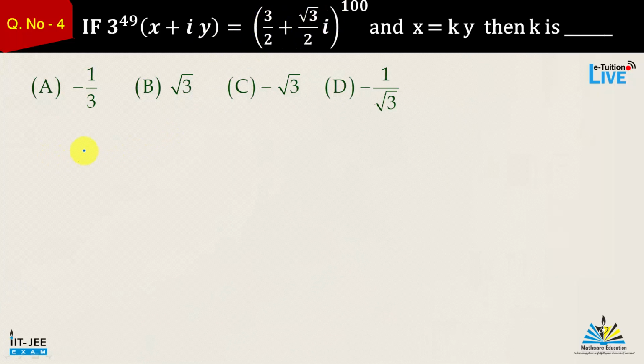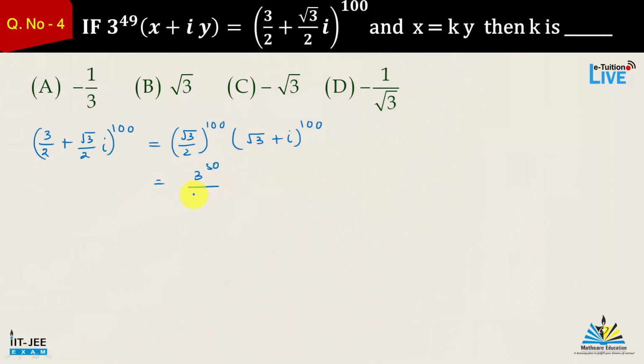So what you can have is (3/2 + (root 3)/2 iota) to the power 100 can be written as, you can take root 3 by 2 as common, so (root 3 by 2) to the power 100, and the remaining must be (root 3 + iota) to the power 100, and this is equal to 3 to the power 50 upon 2 to the power 100, and (root 3 + iota) to the power 100. So first of all we need to learn about the pattern of this power.